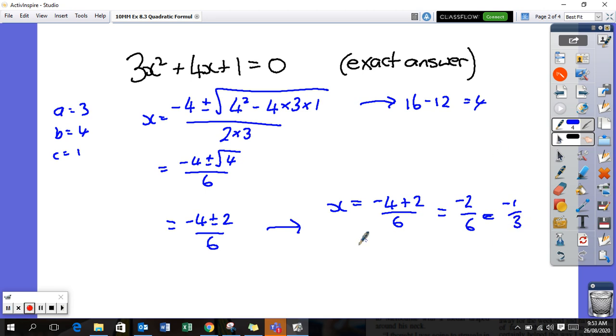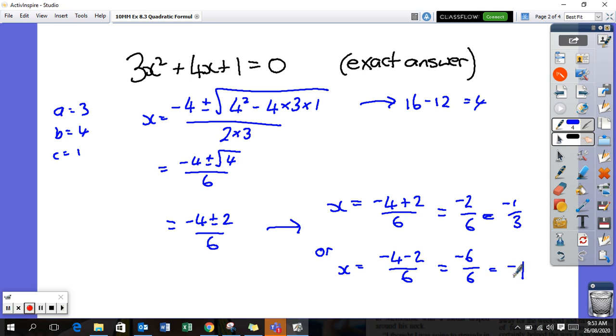That's an exact answer. Then I'm going to say or x equals minus 4 minus 2 over 6. This is the negative answer. That's where we get the two answers from, so we're breaking this up into its plus and its minus. That's going to be minus 6 over 6, which is just minus 1.